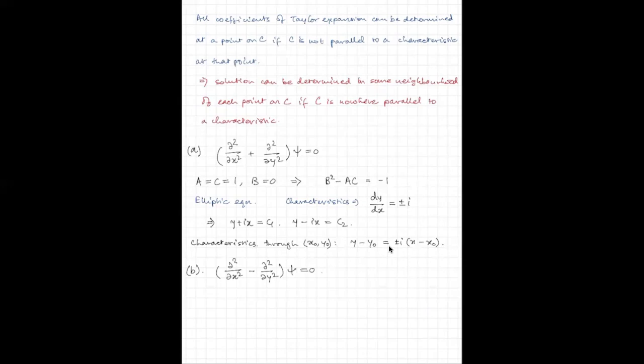So here B squared minus AC is equal to 1. So this is a hyperbolic equation, as you know, a hyperbolic PDE.